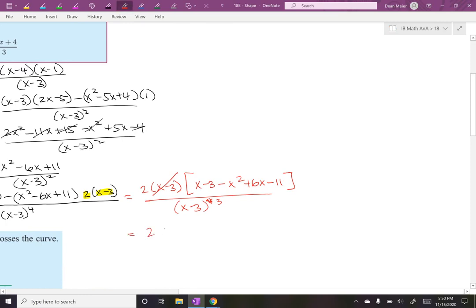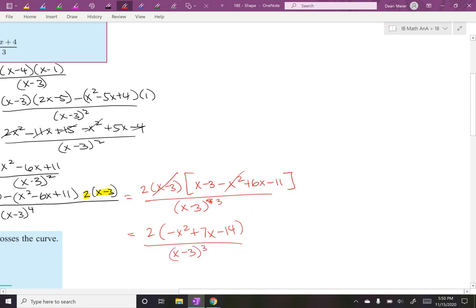I have 2 times negative x squared. Then I have 6x and 1x, plus 7x. And then negative 3 and negative 7 is minus 14. I'm going to definitely pull out a negative out of there because that does not look like any fun to be had. (X minus 3) cubed.